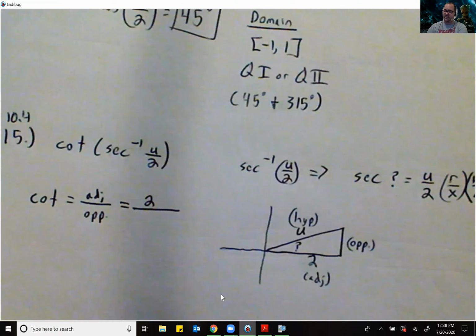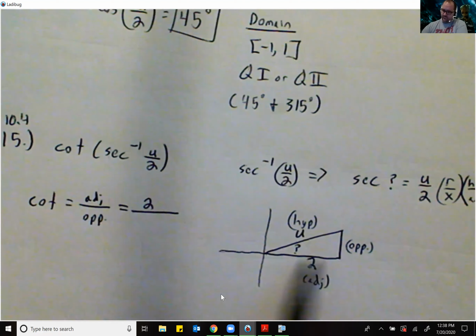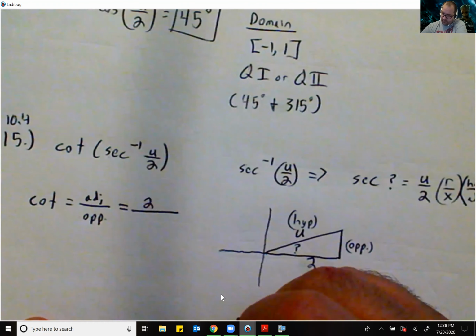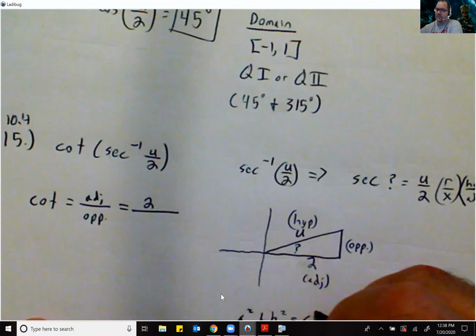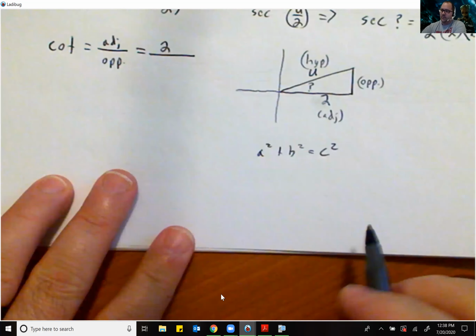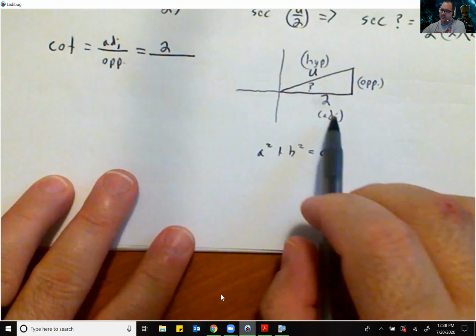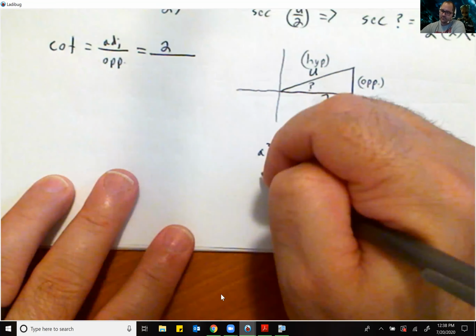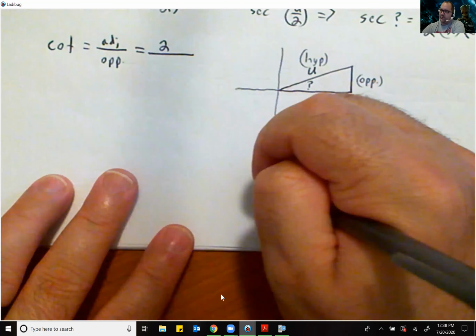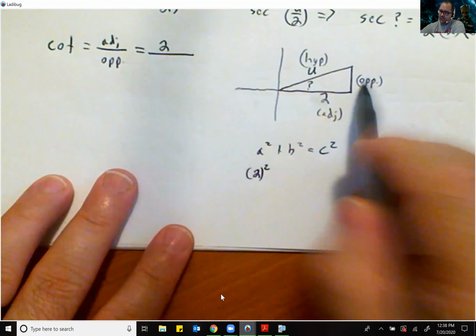How do we find the opposite? It's Pythagorean theorem. A squared plus B squared equals C squared. Well, here is our A, so let's just call it 2 squared. Our B, we don't know. That's what we're looking for.